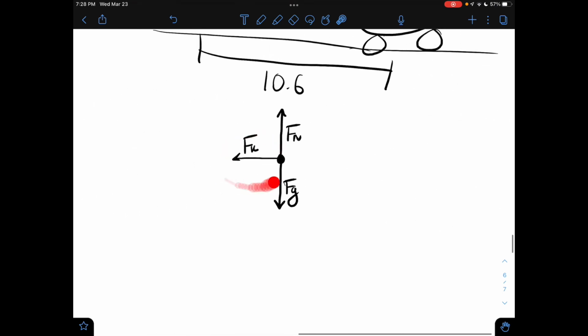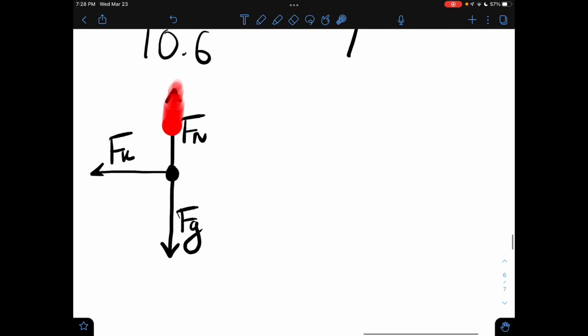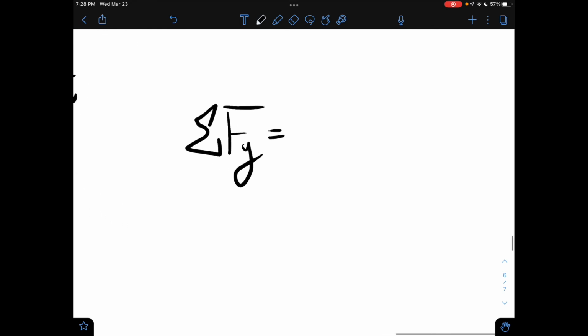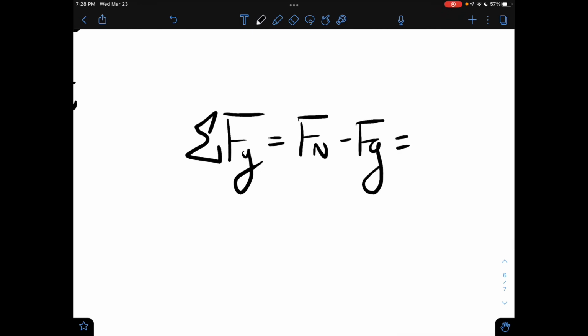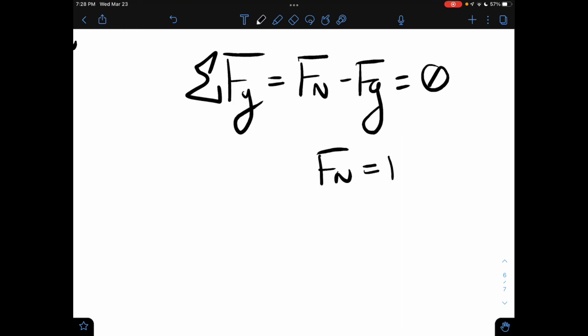Now let's look at our kinetic friction. Since we're not accelerating in the y direction, the sum of the forces in the y direction equals our normal force acting up minus our gravity going down, and since our acceleration is 0, that equals 0. So we know that our normal force equals our gravity.